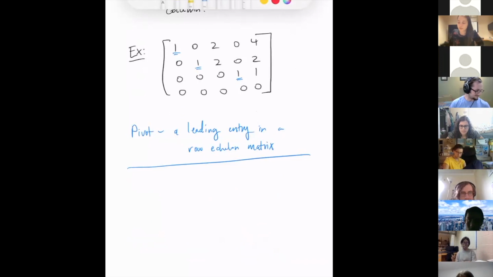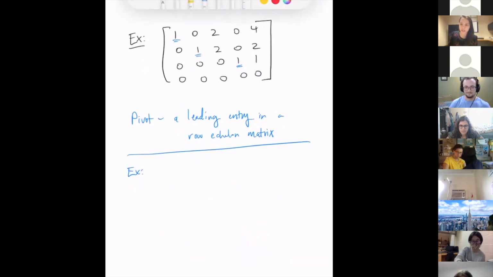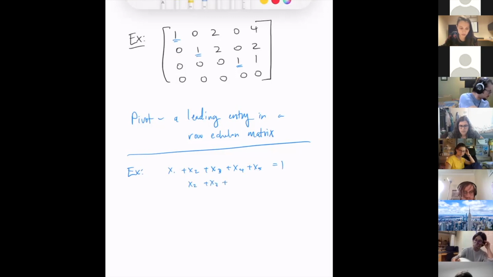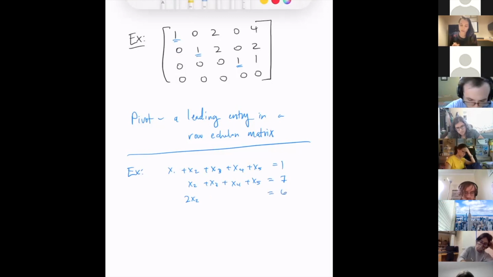Okay, so example. Here I'm going to write out the system and then the augmented matrix that's associated with it. So we have 5 variables and then x3 plus x4 plus x5 equals 7. And then 2x2 equals 6.